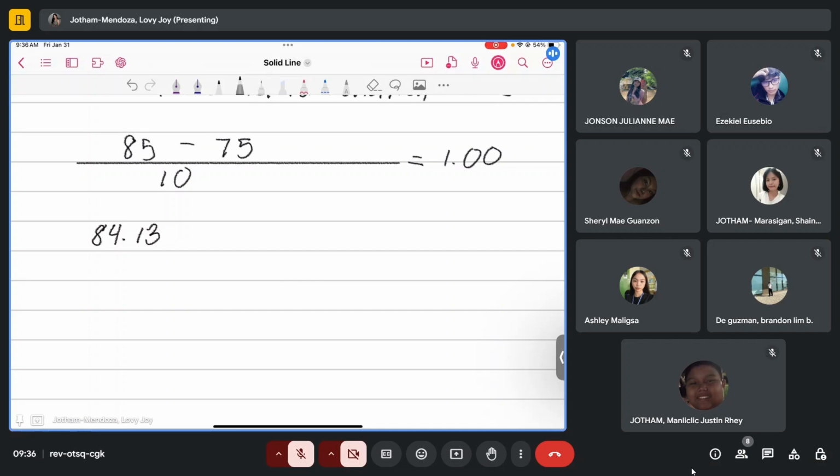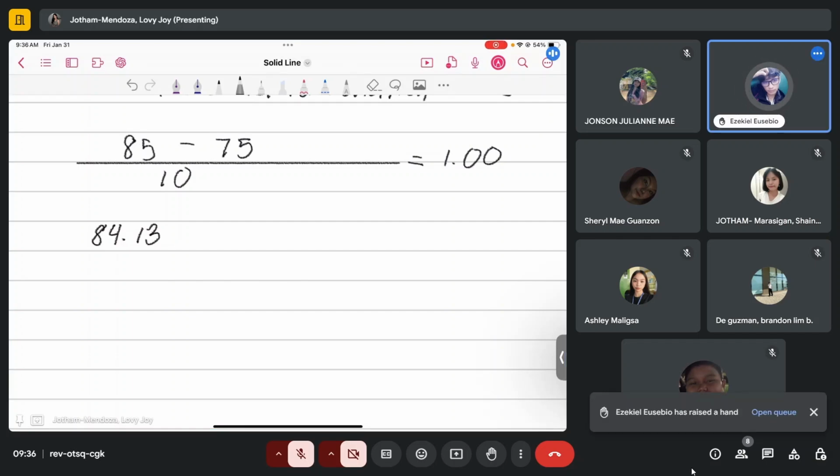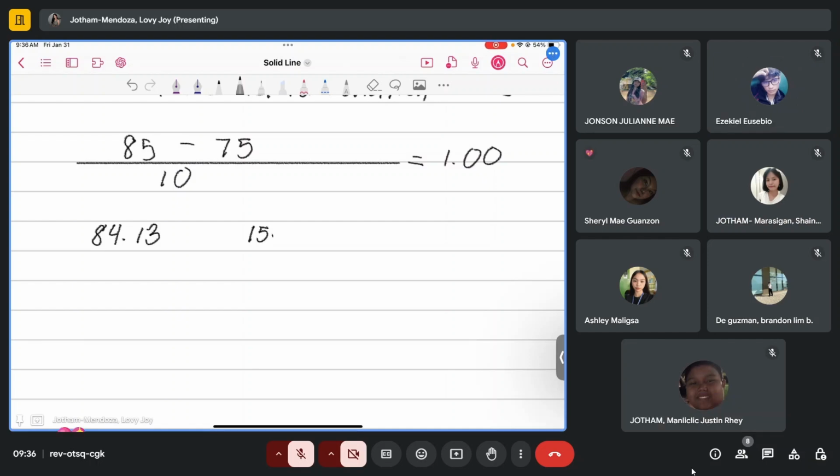So what would be the answer? Okay, Justin and Kiel. 15.87%, ma'am. So that would mean 15.87% of the students scored above 85.